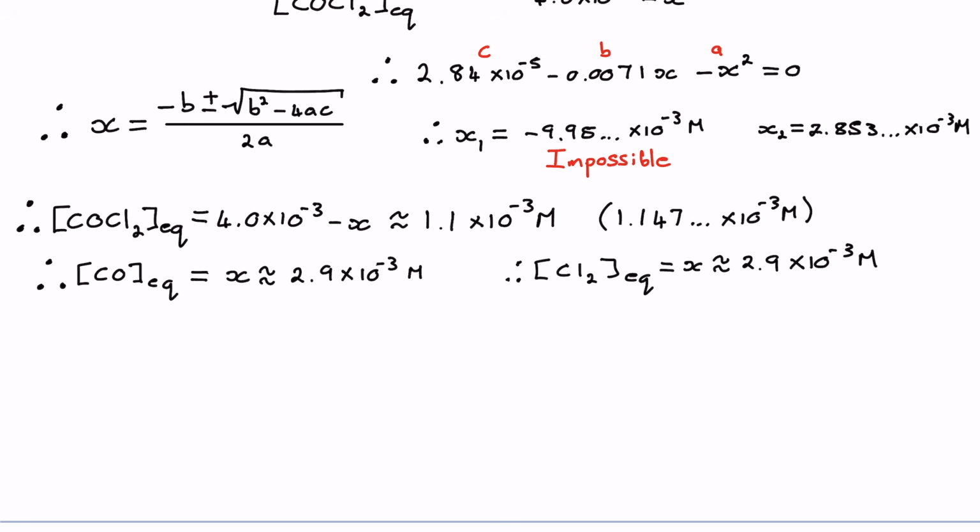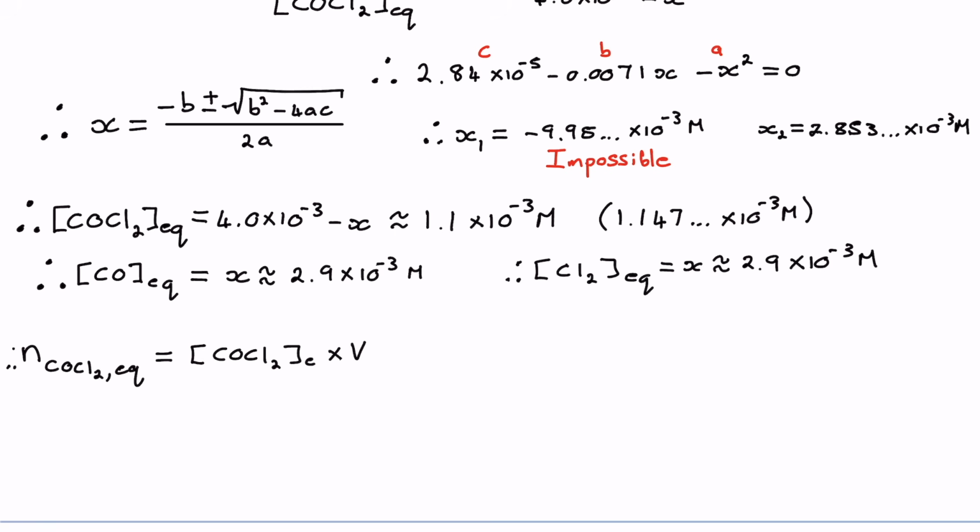So what we actually want to do is say, right, now we have the concentrations, but what we actually want is the number of mole of CoCl2 at equilibrium, and that we can calculate from the concentration of CoCl2 at equilibrium multiplied by the volume.